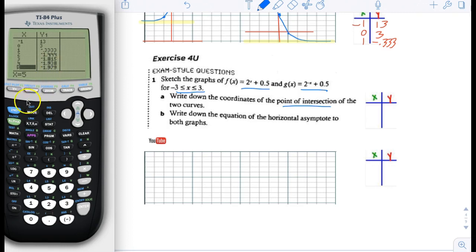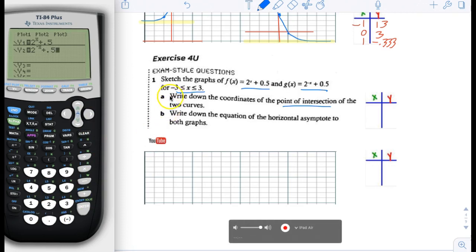We're going to graph two different functions. So the first one's going to be 2 to the x plus 0.5. That's the first function. Second function is 2 to the negative x plus 0.5 also.